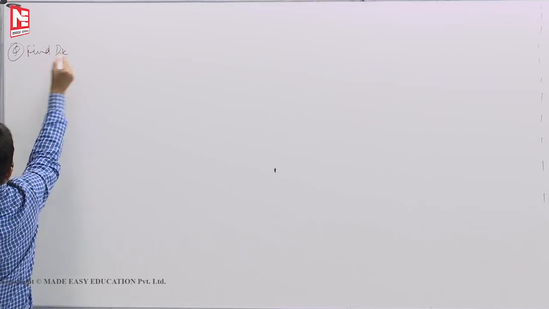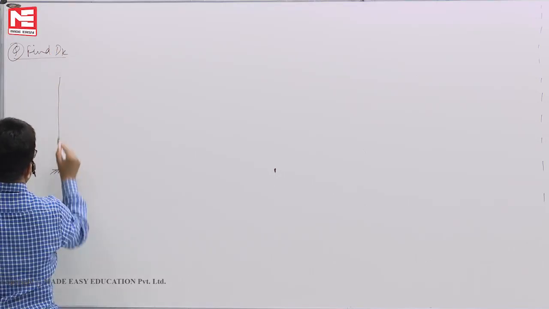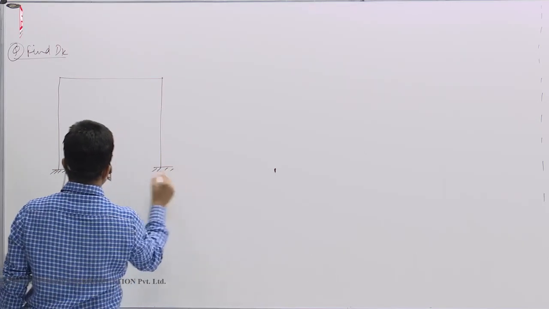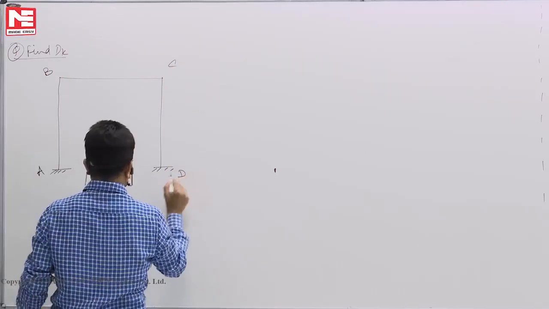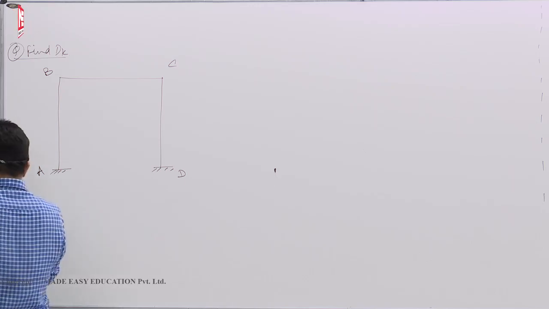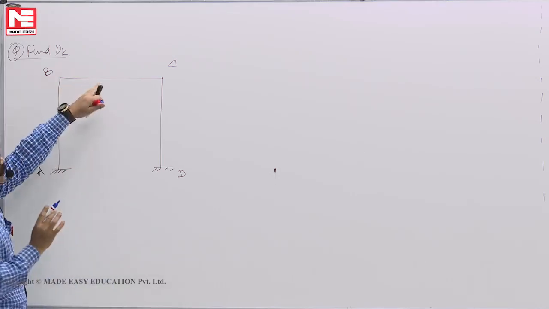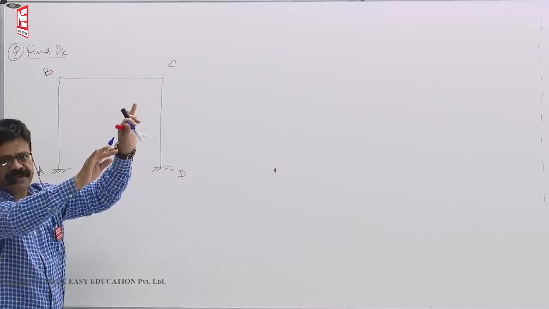Find DK. Assume that we have a plane portal frame, say like this. These points say A, B, C, D. Because it is a rigid joint, B, see at beam level there is no support here, so it can sway.